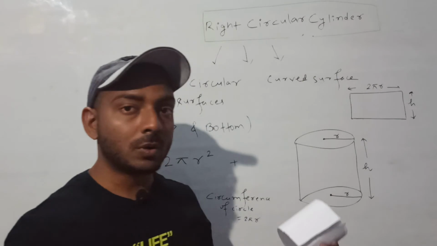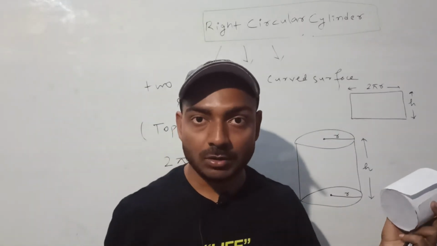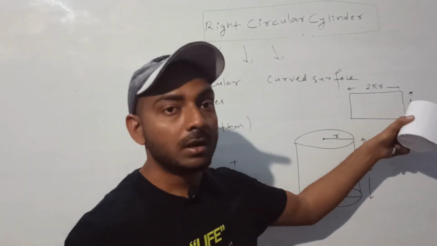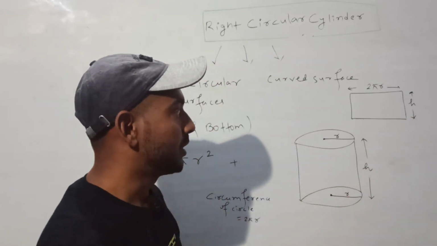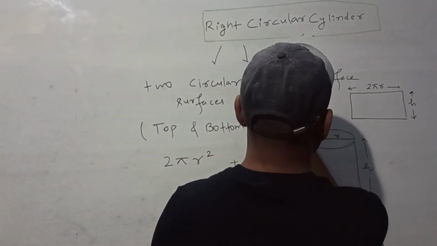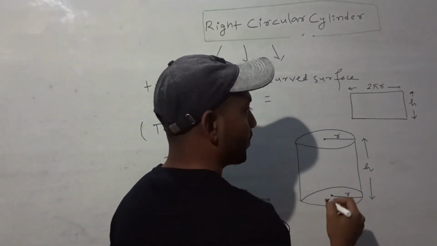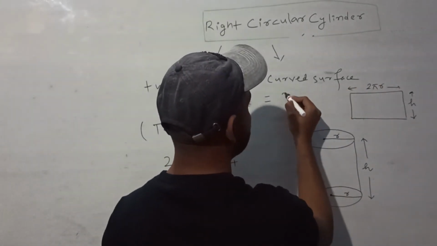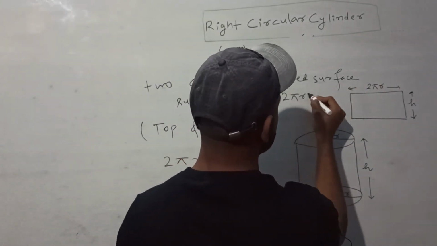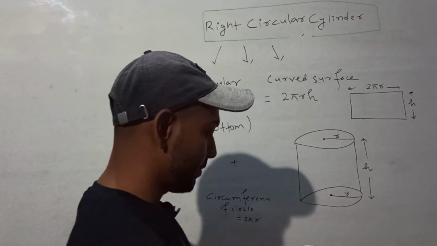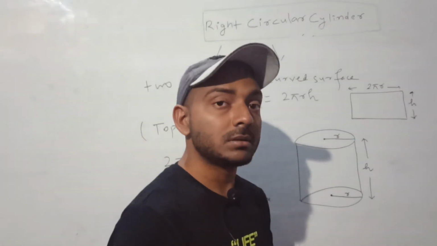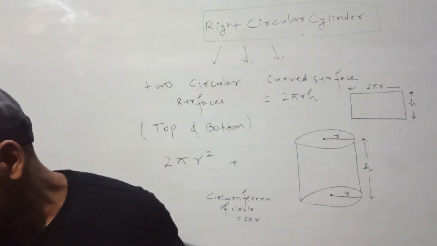So we have got the breadth and the length of the rectangular piece of paper, and multiplying these two, we will get the area of the curved surface of the cylinder.